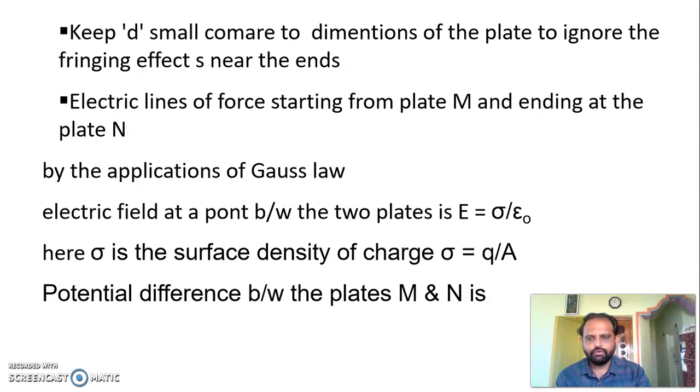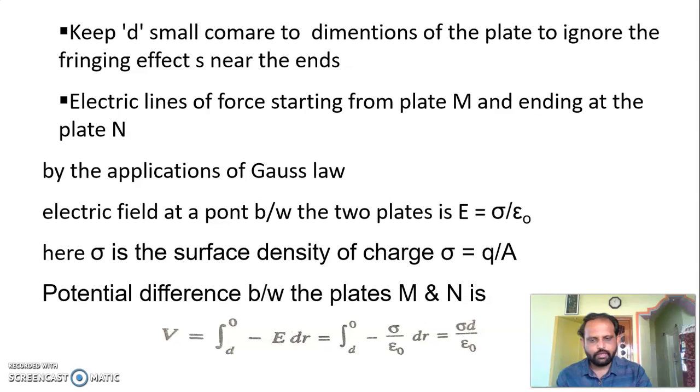Now we have to find the potential difference between the plates M and N, because our aim is to find the capacitance of the parallel plate capacitor. As per the definition, the capacitance of the capacitor is equal to Q divided by V, the potential difference. So the potential difference between the two plates M and N is V equal to the integral from d to 0 of minus E dr. Why are we taking the limits from d to 0?